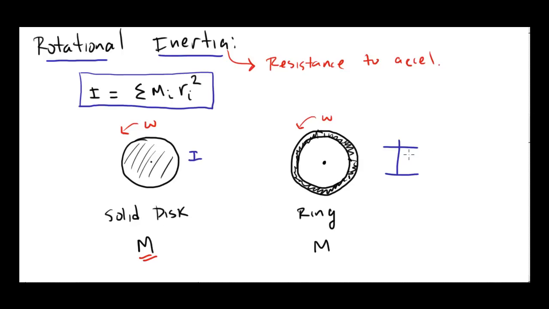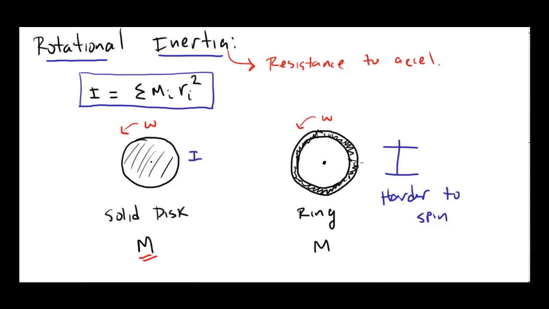This guy is going to be harder to spin because the mass is concentrated farther away from the axis of rotation. So I hope this example gives you some kind of an intuition as we move forward and get a little bit more technical and talk about the math of this a little bit more.